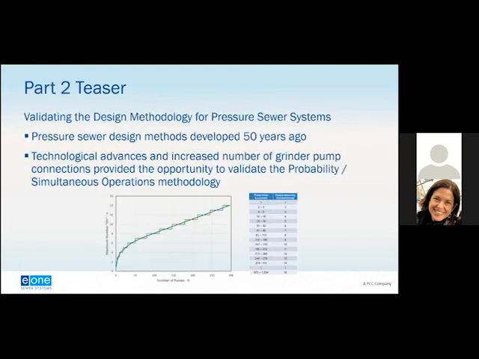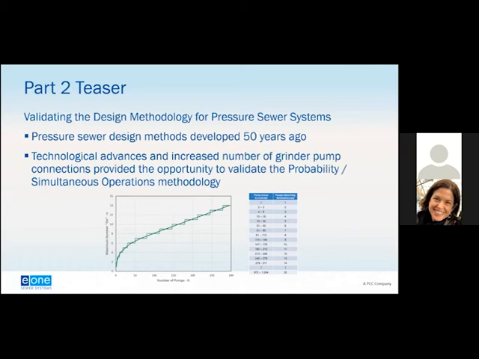Now, a little bit of teaser. Hopefully I got you interested in some stuff. I mentioned the probability method and even the rational method. Both of these sewer design methodologies were developed just over 50 years ago. Pressure sewer systems are a very new concept, especially when we compare it to gravity sewer systems. So part two of our webinar series, which will be next Tuesday at 2:00 Eastern time, we'll go into the methodology of pressure sewer systems for semi-positive displacement pumps.